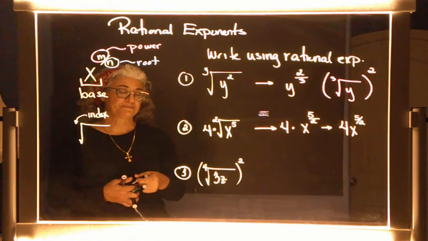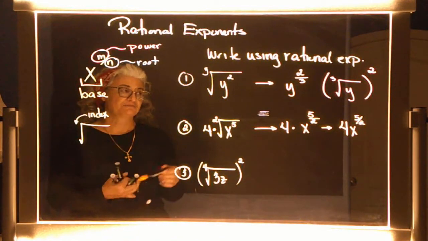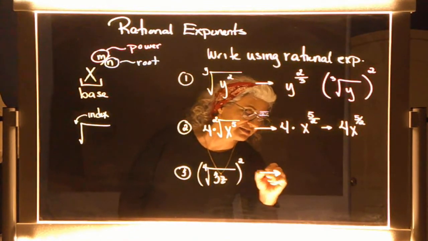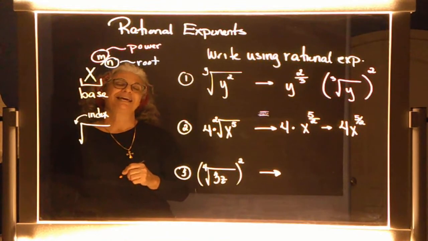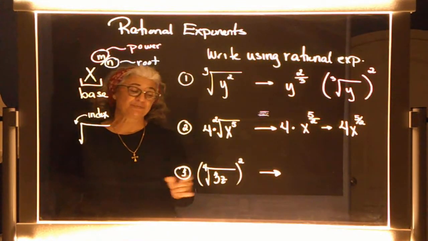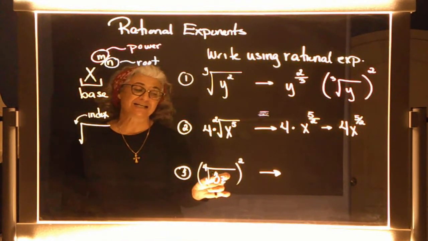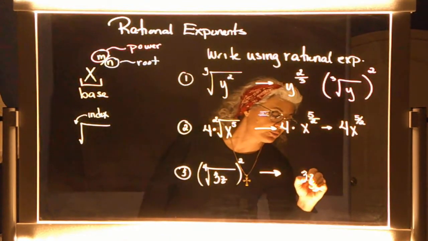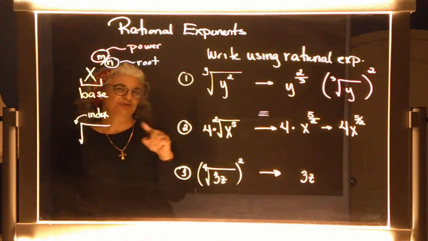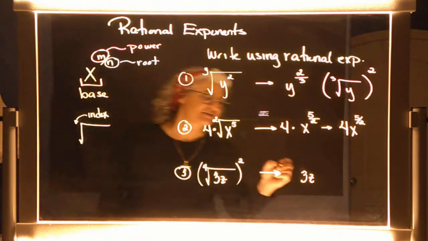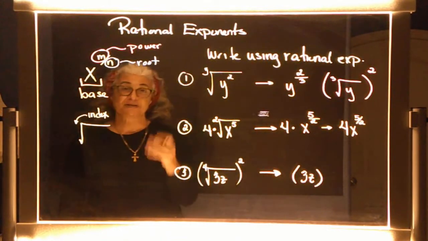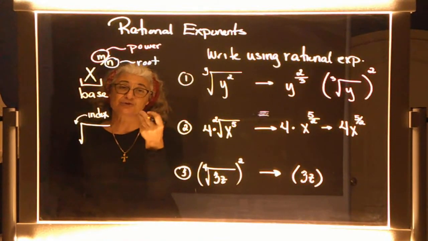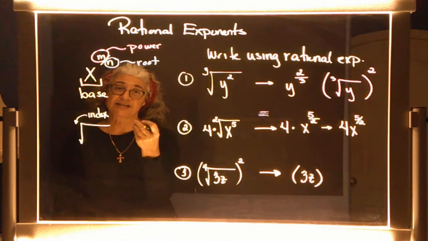Good? Okay, so what's the first thing we should identify? Good, the base. In this case, what's your base? Yes, it is the 3z because the 3z is under the root, so it's the whole thing, right? So what do you think when we write the 3z, what do you think we should put around it? Yes, parentheses, because we need to keep the 3z together because the entire thing is under that root, so we need to keep the whole thing together.